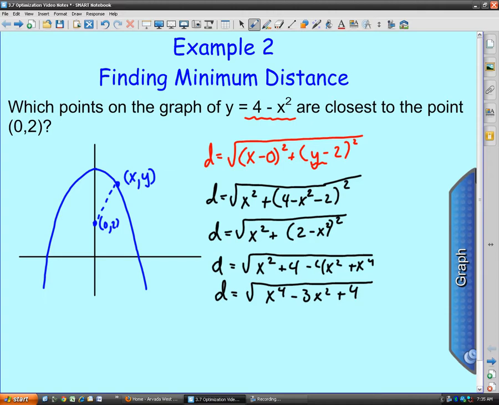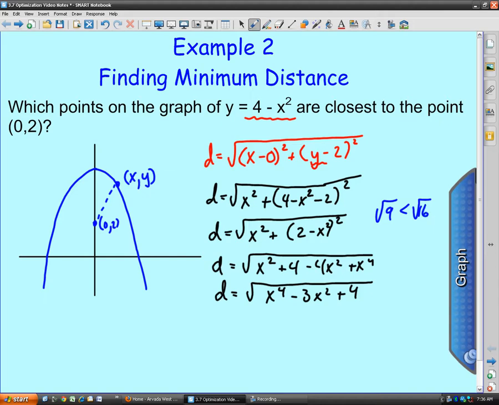Alright, so now I'm at this point and I need to find how I can get the minimum distance. For the minimum distance, I'm going to use my derivative to find maximums and minimums. That's what I always do. To make our lives easier, instead of doing a chain rule on this, I'm actually going to get rid of the square root, because I know the square root of 9 is smaller than the square root of 16.